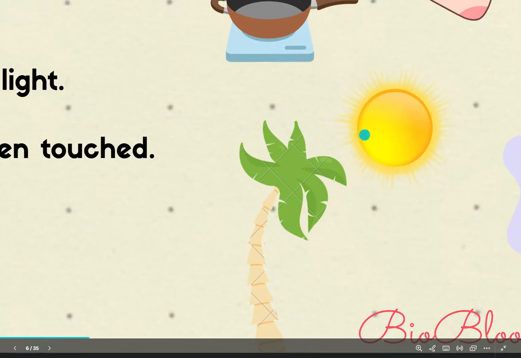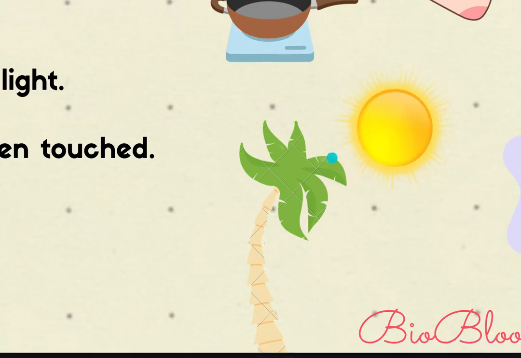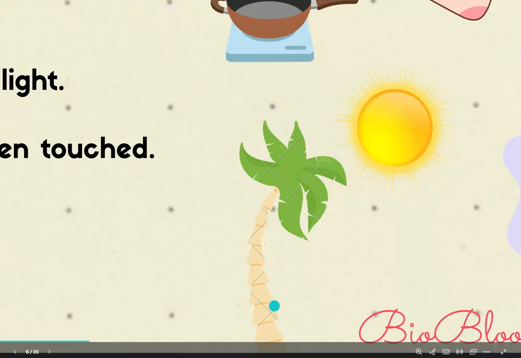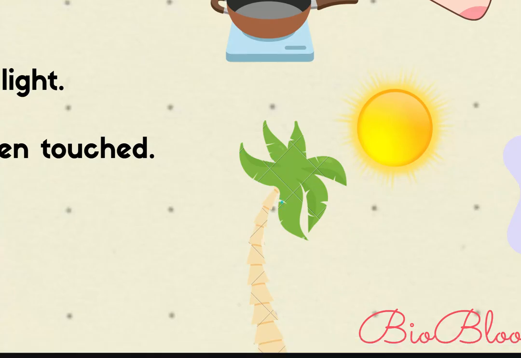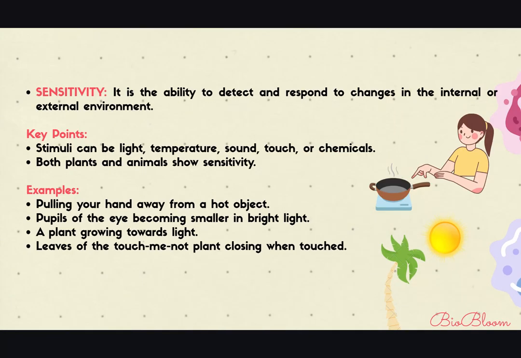Because this sun, the bright light of the sun, is actually the stimulus for this plant. And it is growing towards sunlight, which shows that it is aligning its growth. It wants its growth to be maximum by facing towards sunlight, right? So that it can have maximum energy for photosynthesis and all of this. So again, this is also an example of sensitivity.